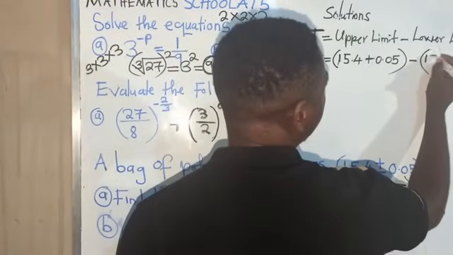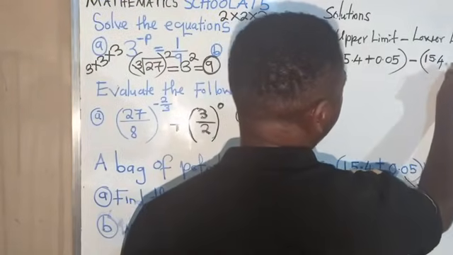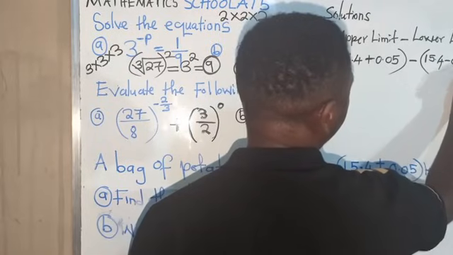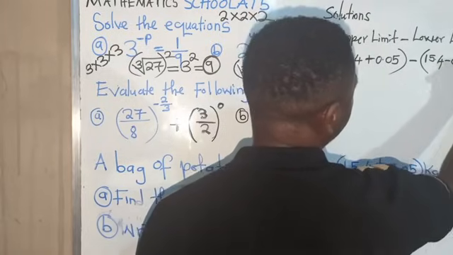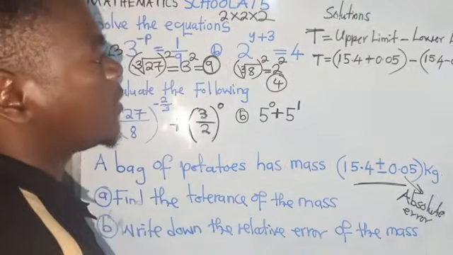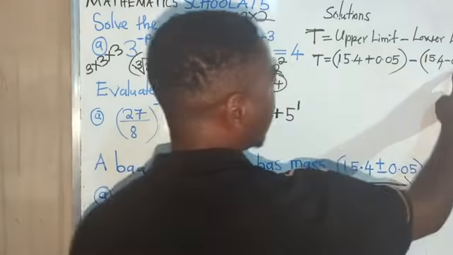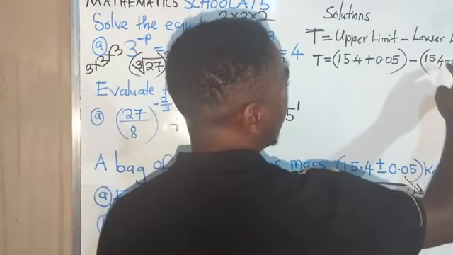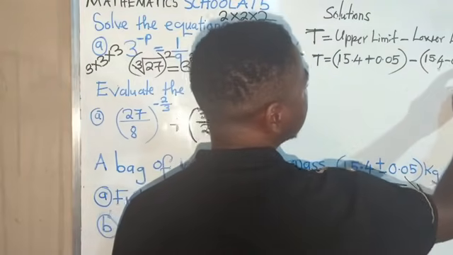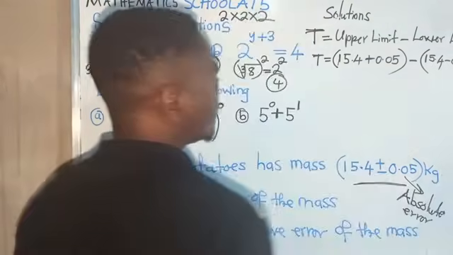I'm going to say 15.4 minus 0.05. That is the formula that I'm going to use. I guess that is visible there at the end. I know it is not visible at the far end. This is 15.4 minus 0.05. This part that is there.